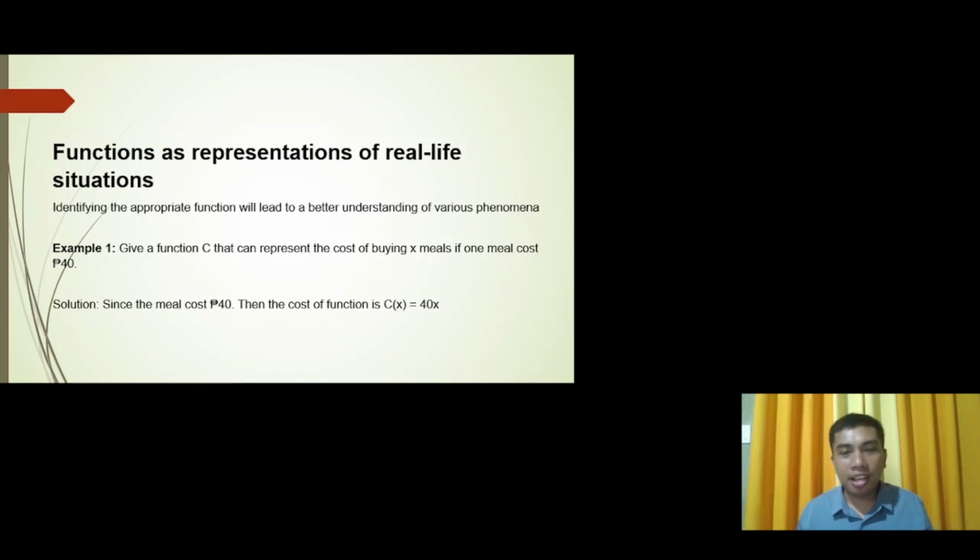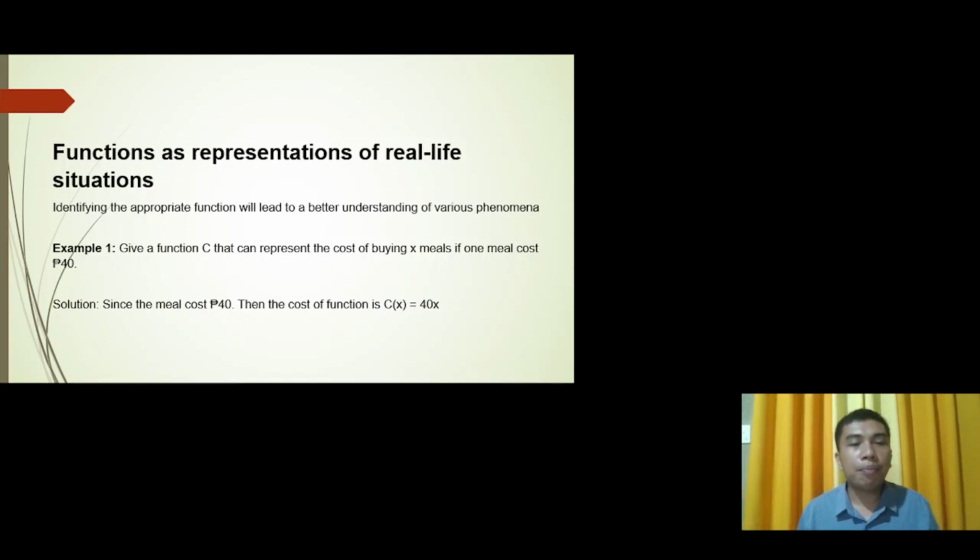Functions as representations of real-life situations. Identifying the appropriate function will lead to a better understanding of various phenomena. Example number 1: Give a function c that can represent the cost of buying x meals if one meal costs 40 pesos.